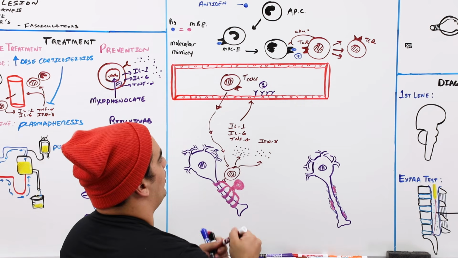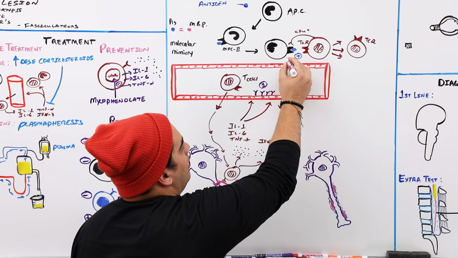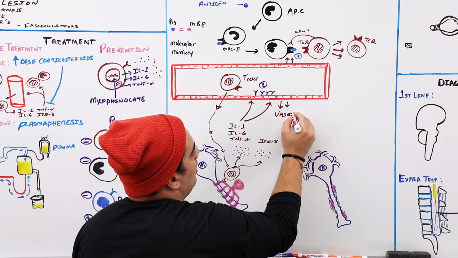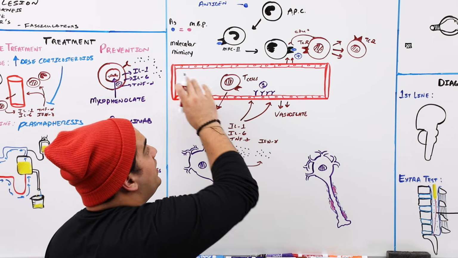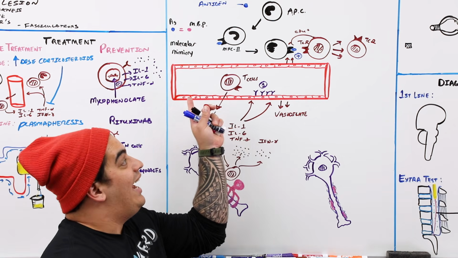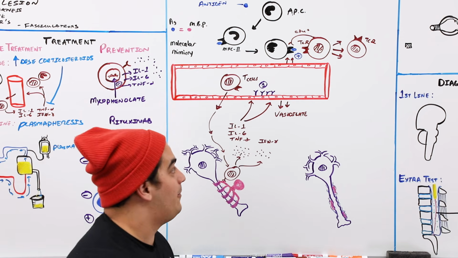The second thing it'll do is tell the blood vessels to start dilating, a process called vasodilation, which increases the blood flow through the vessels. So more blood is going to run through this area, and if you bring more blood, you bring more white blood cells. More white blood cells can infiltrate into this area.